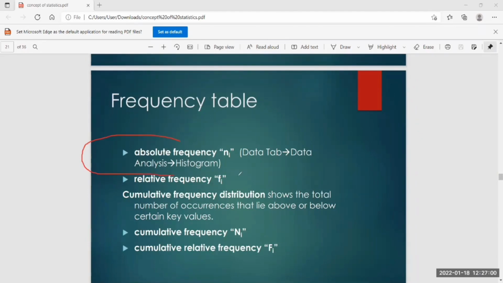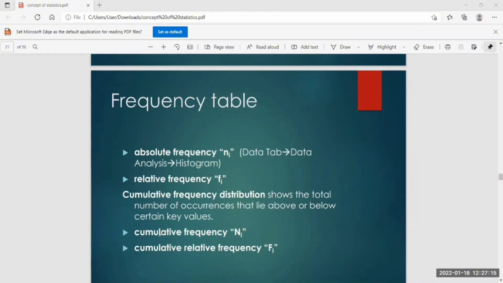So the absolute frequency is called the small n. The relative frequency is the f1. So when you see a small n, that's an absolute frequency.